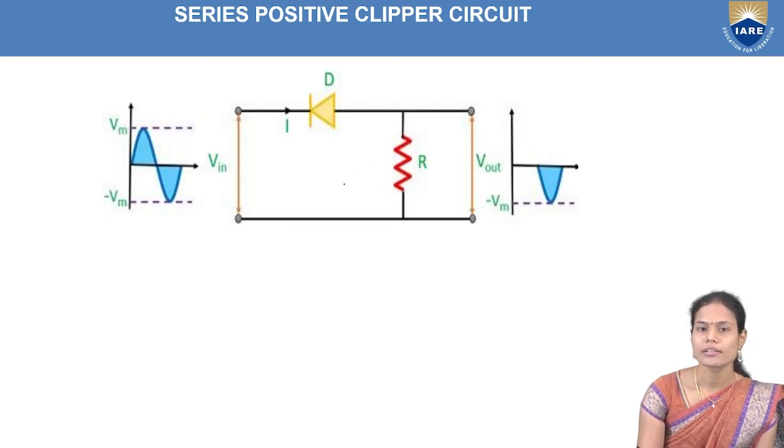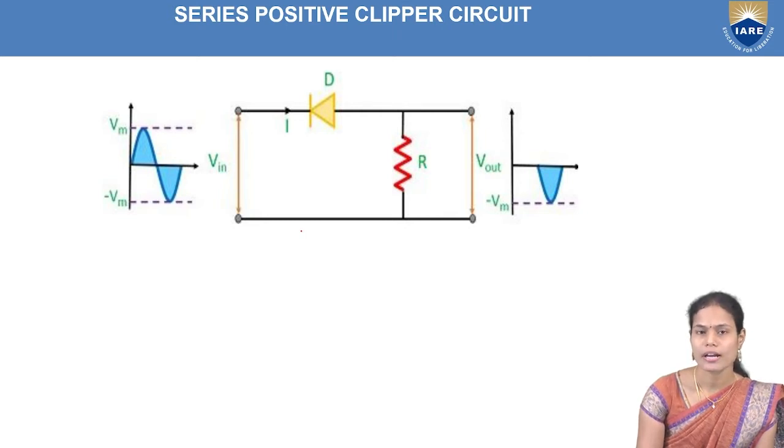When we apply forward bias to a PN junction diode, it acts like a closed switch, it enters the forward bias condition, and voltage passes through it. Similarly, when we provide reverse bias to the diode, it enters the off state and acts like an open switch, and it does not allow any voltage or current through it. So this is the basic operation of the diode we already know.